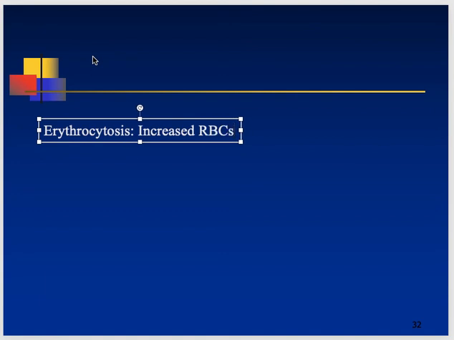Whenever there is an increased number of any cells, we put cytosis. For example, the opposite of anemia is polycythemia, which is one of the causes of increased RBCs in the blood.